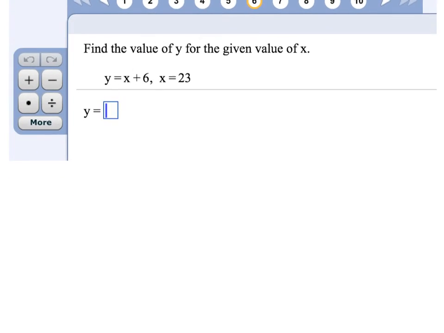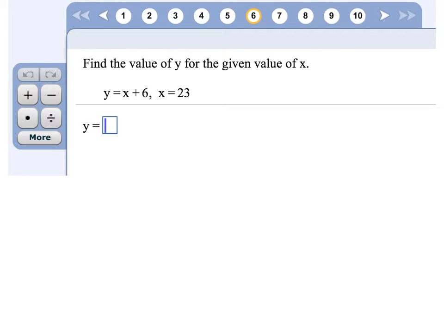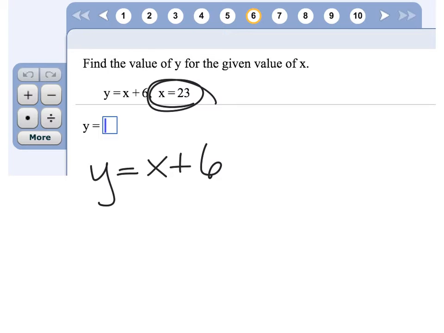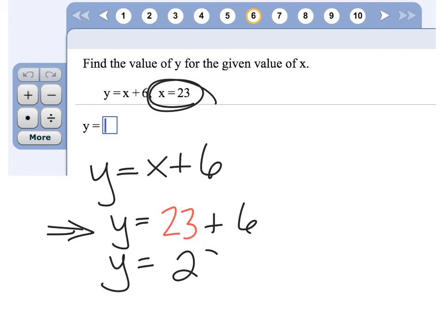So here, find the value of y for the given value of x. Again, we're told that y equals x plus 6, and we're told that x is really a 23. So that means y is equal to 23 plus 6. So y is equal to 29.